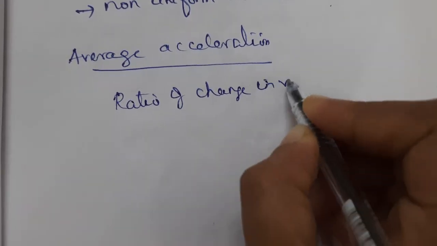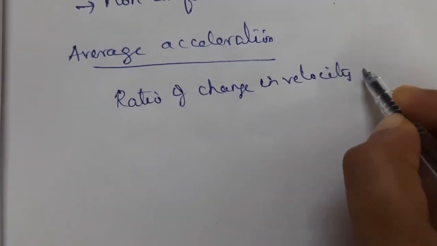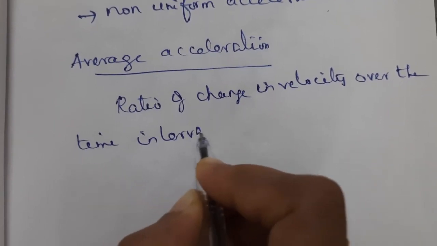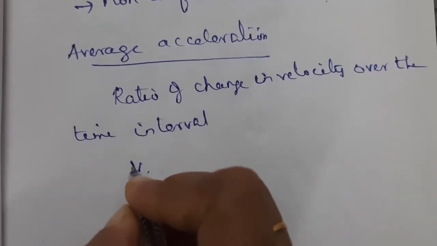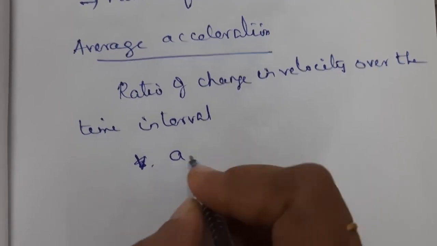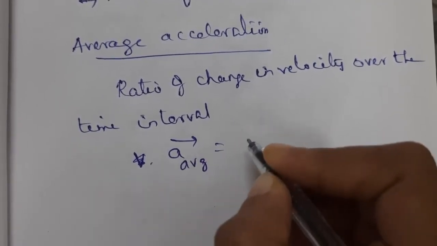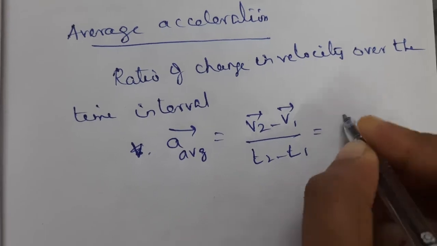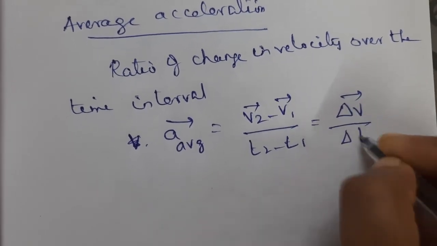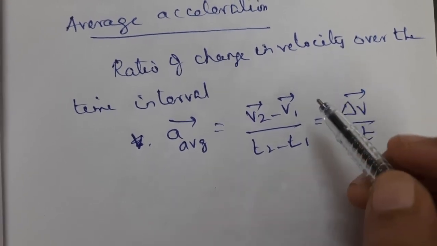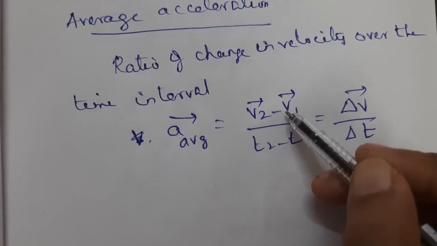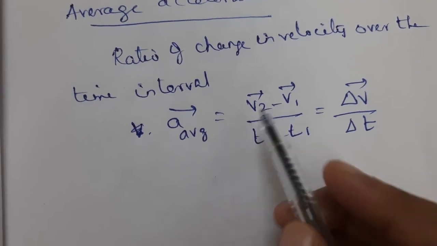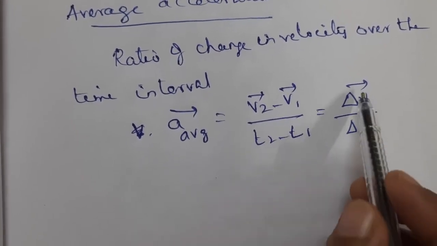So we can write, average acceleration is equal to v2 minus v1 divided by t2 minus t1, which can be written as delta v by delta t.